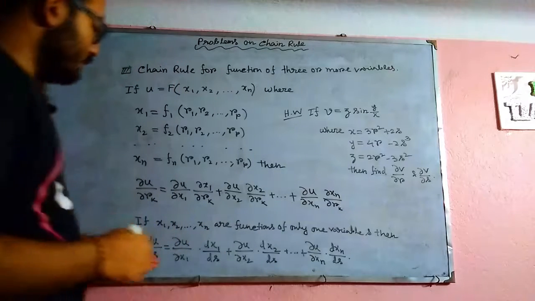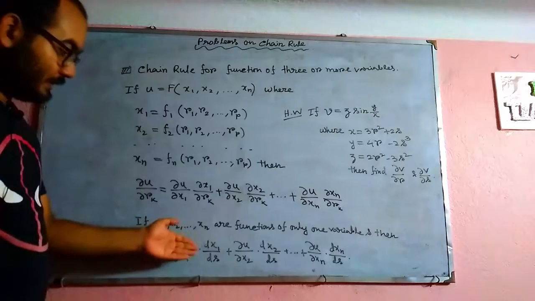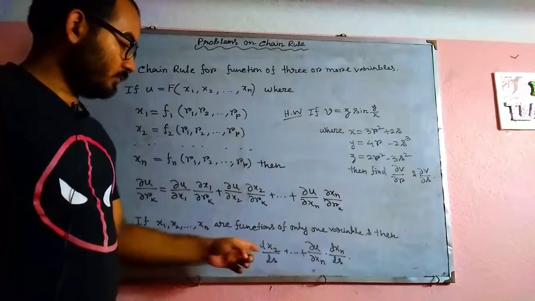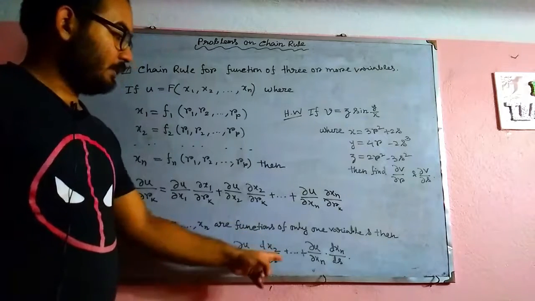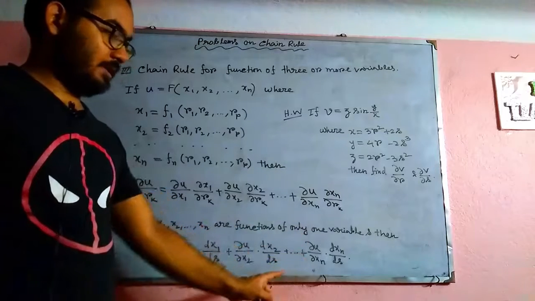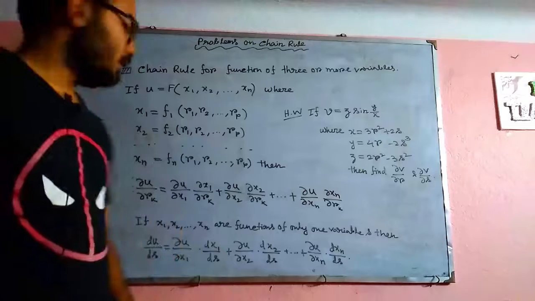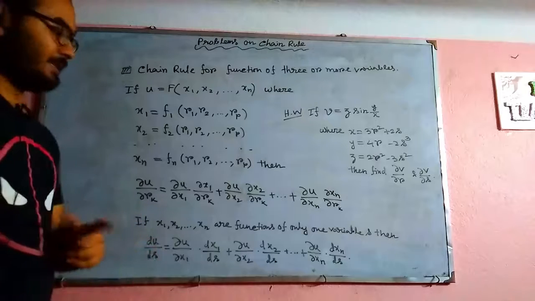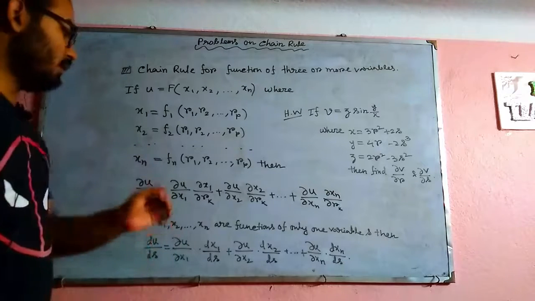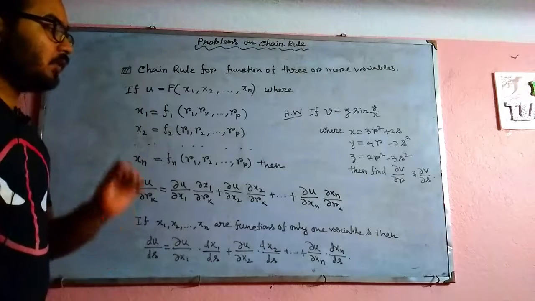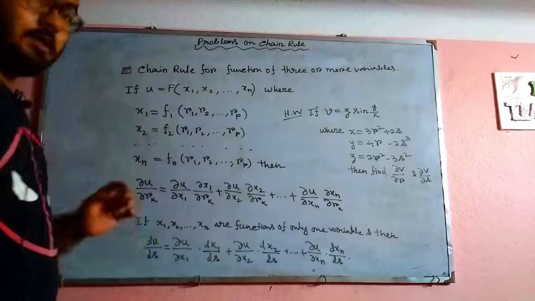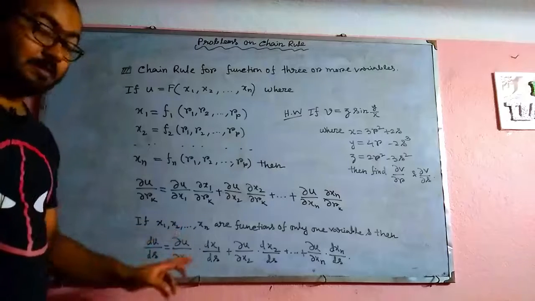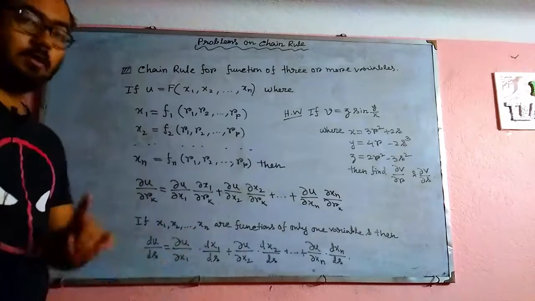So du ds is equal to del u del x1 dx1 ds, plus del u del x2 dx2 ds, plus plus del u del xn dxn ds. u is ultimately a function of s, and x1, x2, xn are functions of only one variable s. That is why I have written dx1 ds instead of del x1 del s.